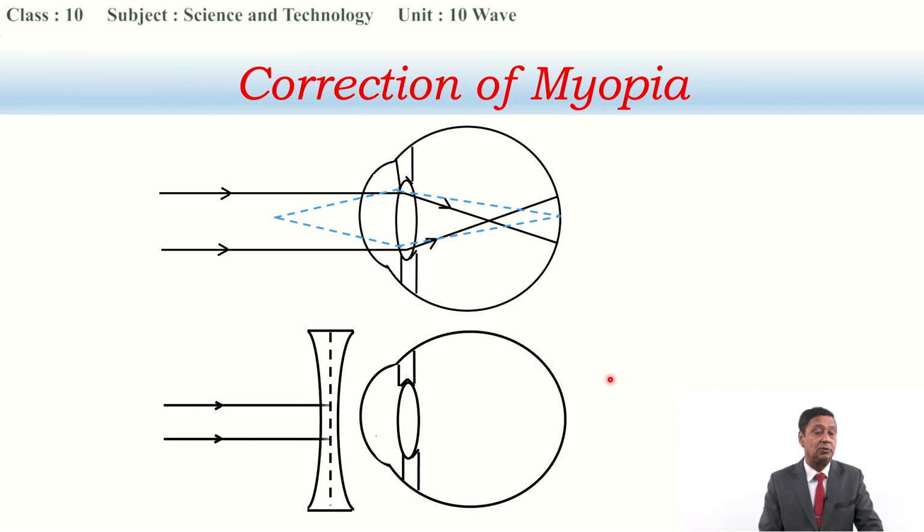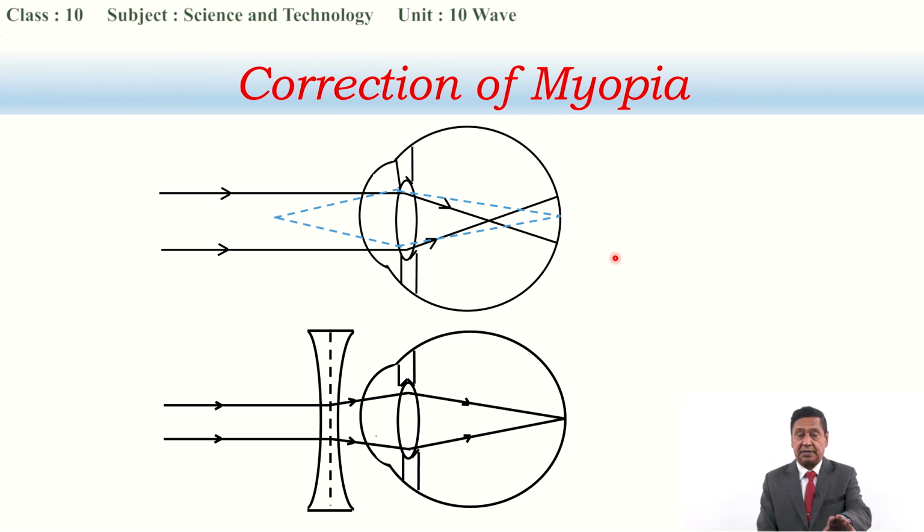When a concave lens is used, parallel rays of light at first diverge a little, and then they come to our eye. And when the eye converges them, the converging point moves backward and the image falls on the retina. This way, myopia can be corrected by using a concave lens. It was taught in the previous class.